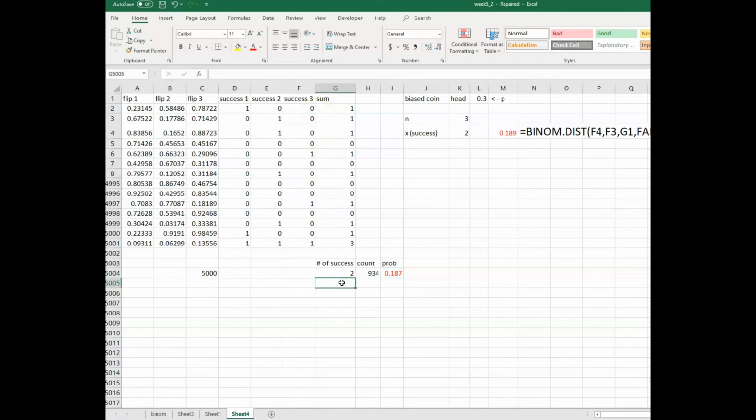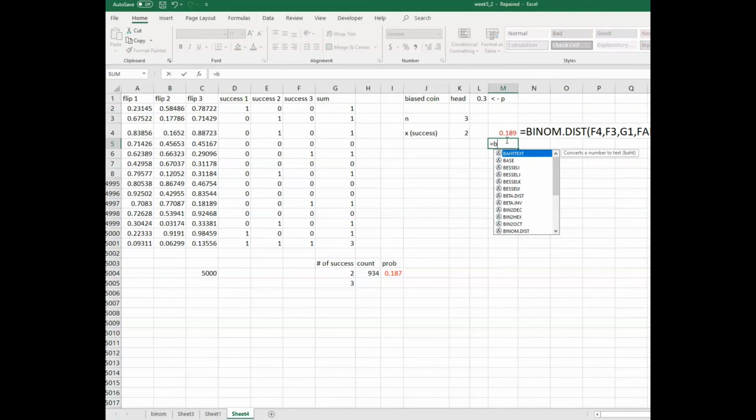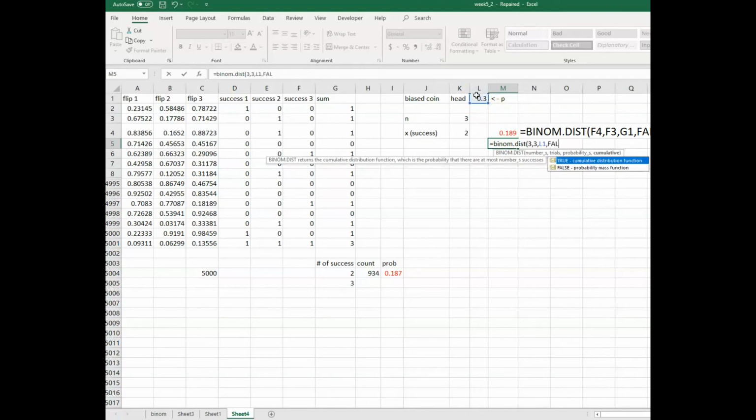Let's try 3. 3 out of 3, and so this is equal binomial distribution. So 3, and 3%, and 4th.